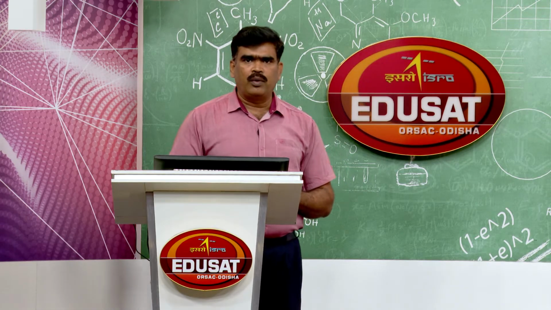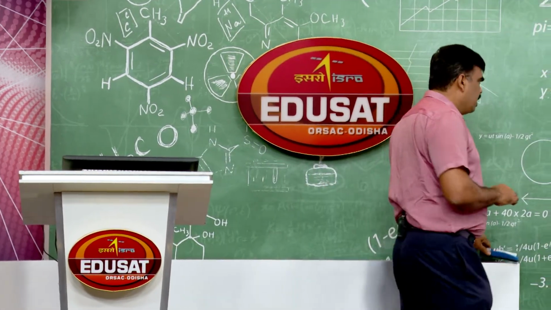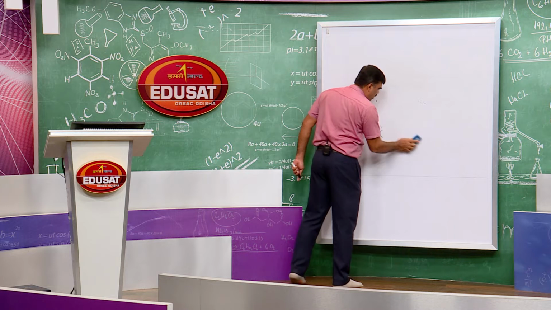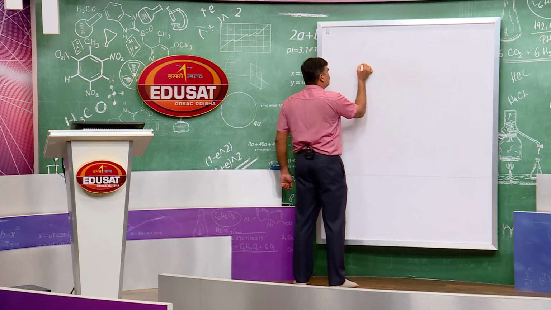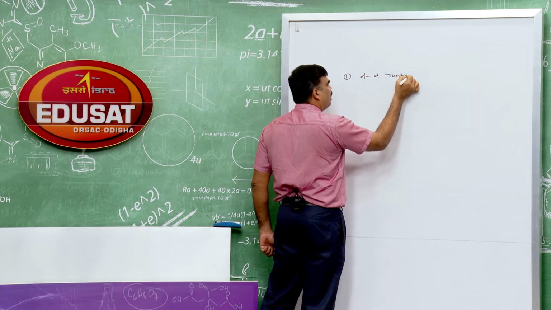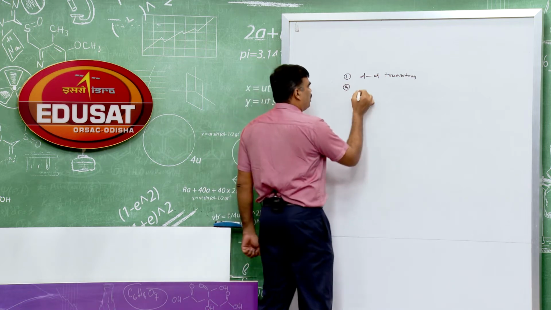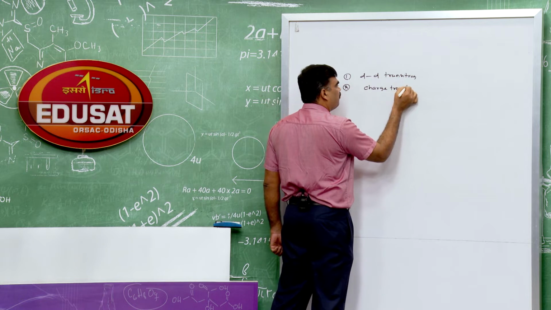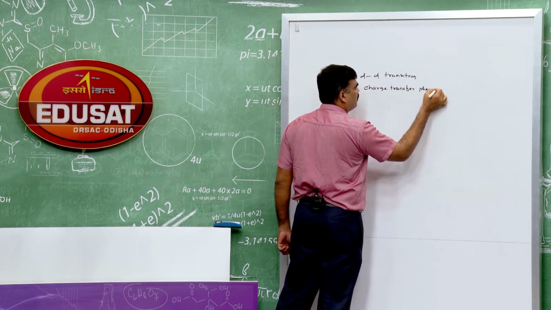Number one, d-d transition. Let us discuss one by one. The four reasons are why transition metal compounds look colored. Number two, charge transfer phenomenon.